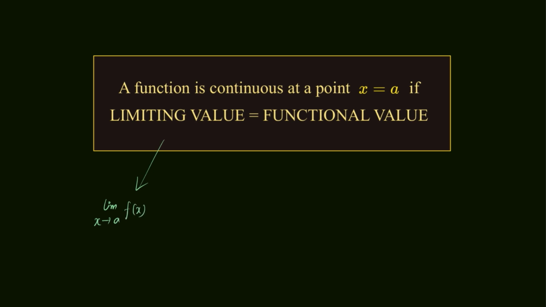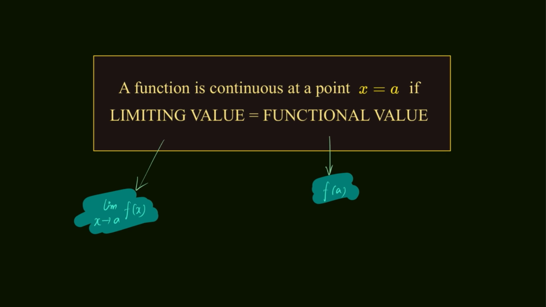This is called the limiting value. And what is functional value? We just put the value of x as a in place of x. This is my functional value. If the limiting value and the functional value are equal, then we say that the function is continuous at this point, that is x equals a.